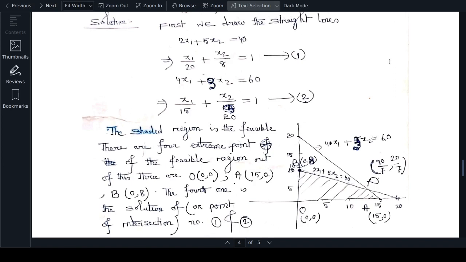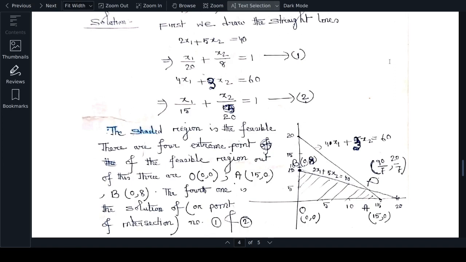Similarly, in the second equation, you put x2 equal to 0. Better to first substitute x2 equal to 0, then x1 equal to 15. So this is our C coordinate, (15, 0). The next one will be x1 equal to 0, then we get x2 equal to 20. So this is our D coordinate, (0, 20).